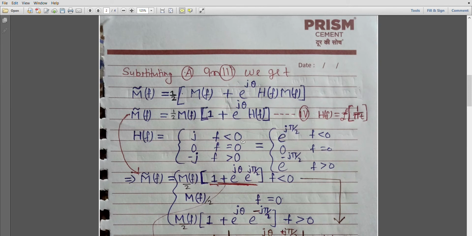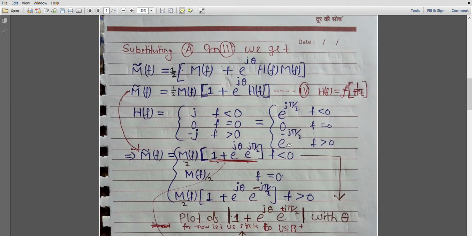We can represent this as follows: for f less than 0, we can represent j by e to the power j pi by 2. For f equal to 0, we represent this by 0, and for f greater than 0, we represent this by e to the power minus j pi by 2. After substituting the value of H f into this equation, we can transform M f into this form.